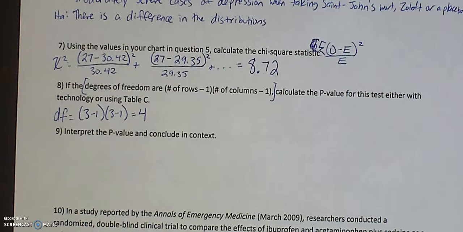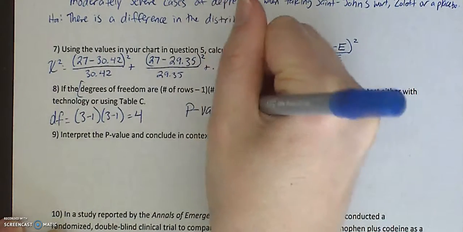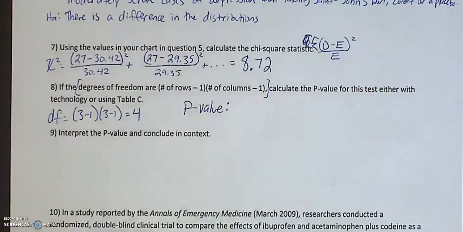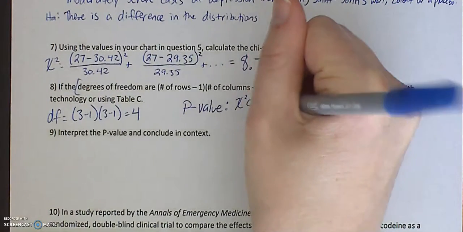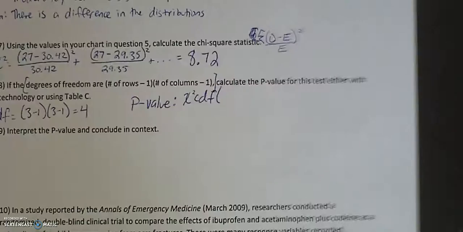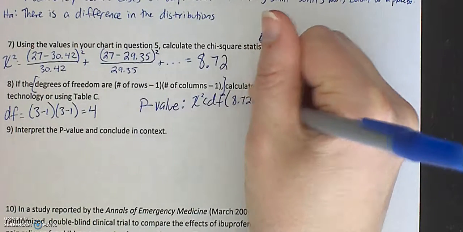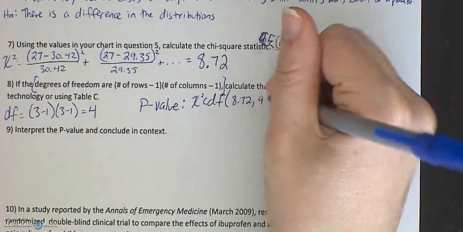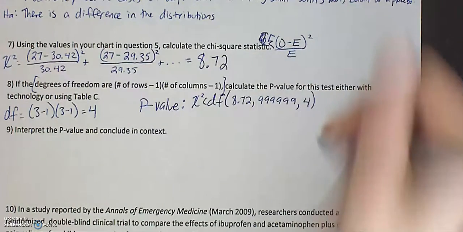Now we want to calculate the p-value. Our calculator gave it to us when we did the test, but in case you forget, or for some reason you did this all by hand, to calculate the p-value, you would go to your chi-square CDF, and if you remember, chi-square is always to the right when we do our calculations. So first you enter in your chi-square statistic, 8.72. Pick some really big number, and then your degrees of freedom.